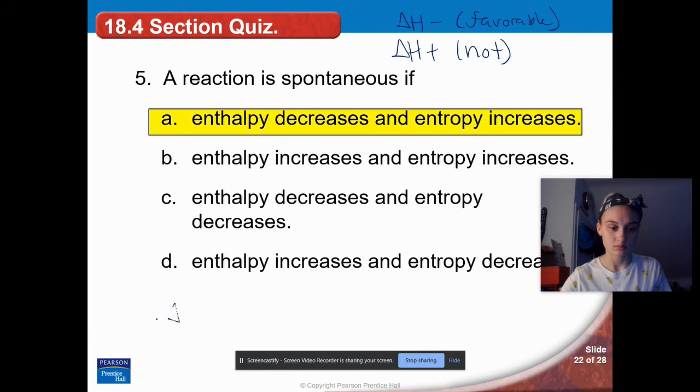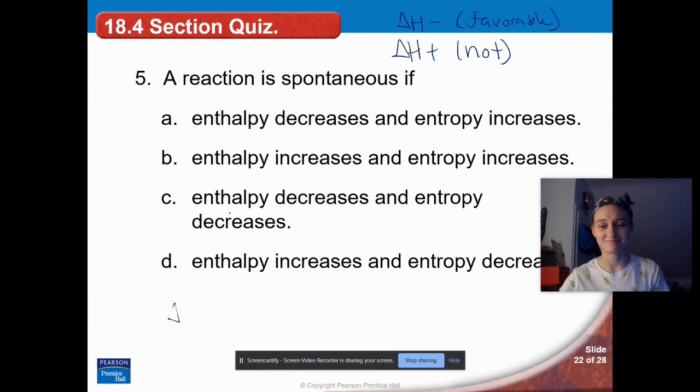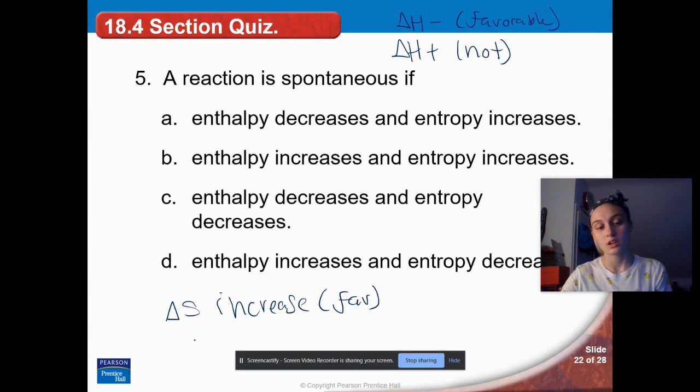Oops. No. Okay, well, I'll talk you through it anyways. And then likewise, delta S increase is favorable, and delta S decrease is not.